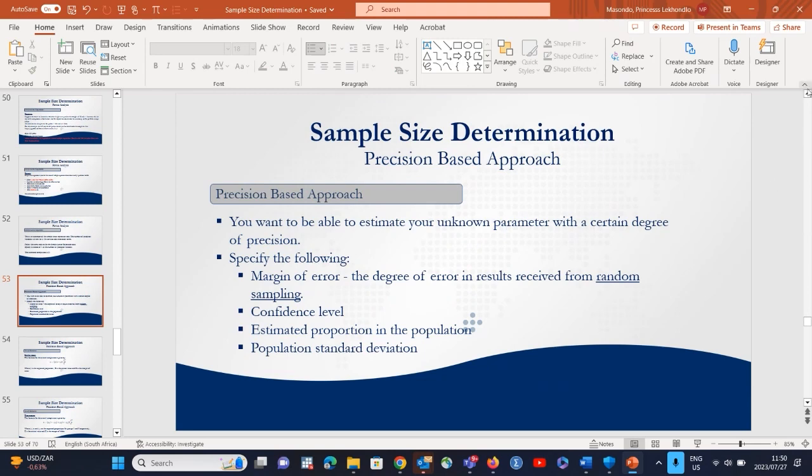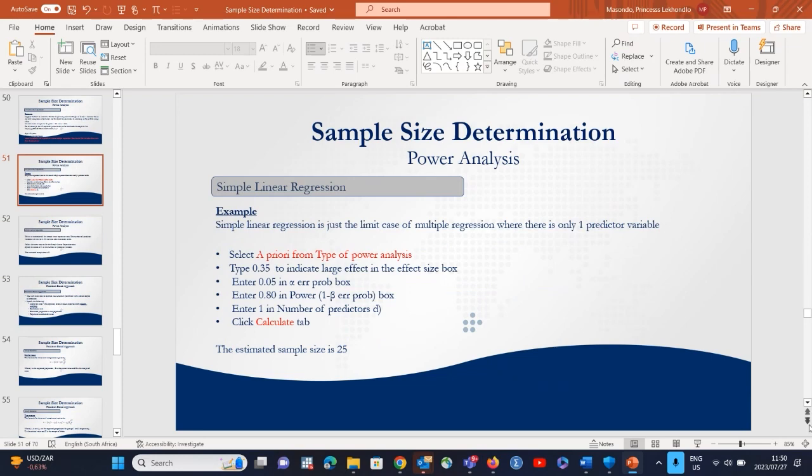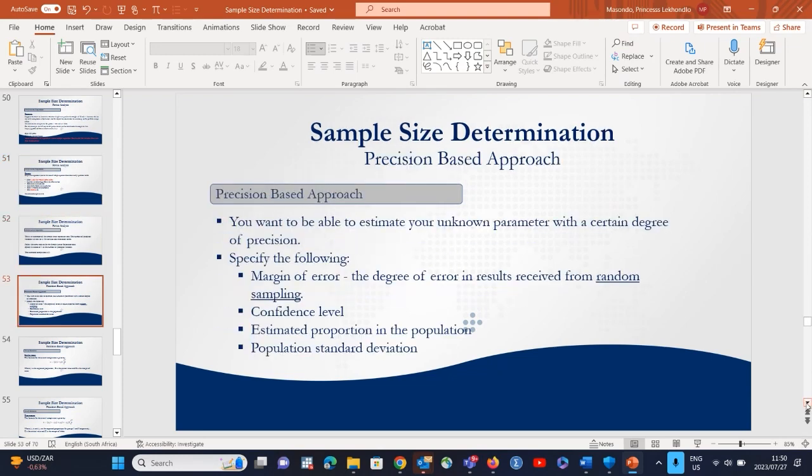we're now going to look at examples of when we follow a precision-based approach. If we follow a precision-based approach, we will need the margin of error. We've explained the margin of error is about precision. And then we have to specify the confidence level, the proportion, and the standard deviation.